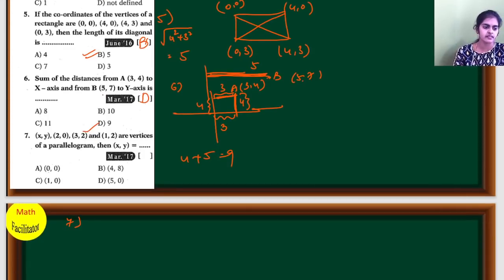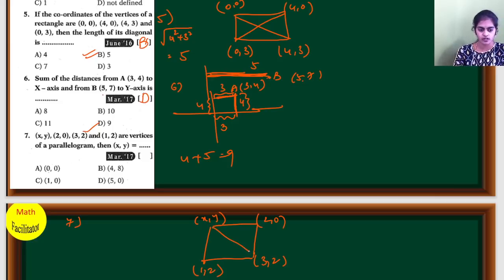Now seventh one, these are the vertices of a parallelogram: (x, y), (2, 0), (3, 2), (1, 2). You need to find x and y. Here one important point is, in a parallelogram diagonals bisect each other. So this O is a midpoint of (x, y) and (3, 2), and O is a midpoint of (2, 0) and (1, 2).